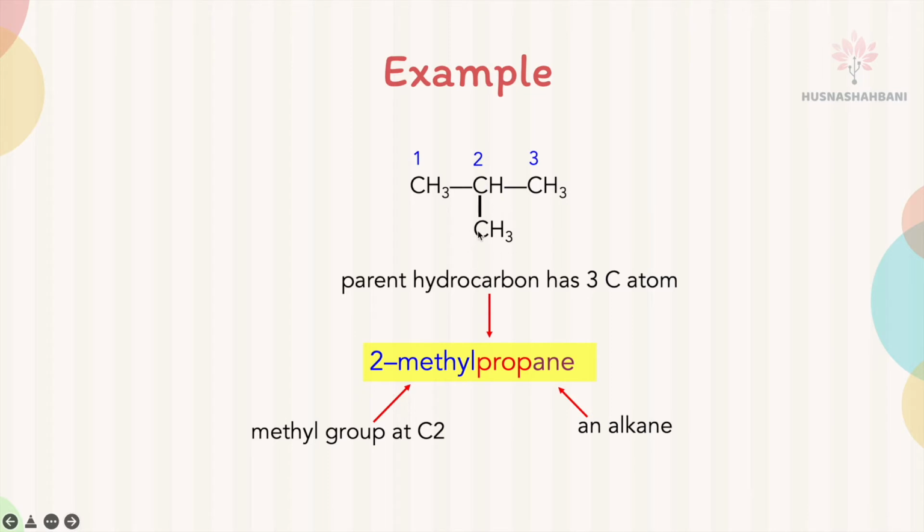It has one branch here, one carbon atom as a branch, and its position is at carbon number 2 of the parent. So the prefix is 2-methyl, meaning a one-carbon branch at carbon number 2. So 2-methylpropane.